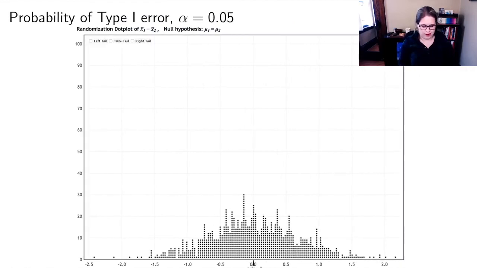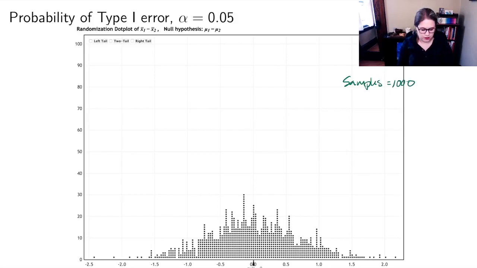Let's just think about the probability of making these kinds of errors. So let's think about this plot, and I want to consider an alpha of 0.05. So I've got 1,000 samples in this randomization dot plot. I guess you probably can't see that up in the corner, but my samples is equal to 1,000.